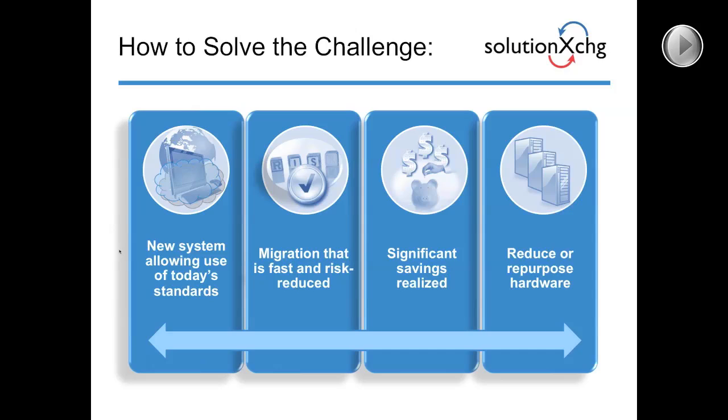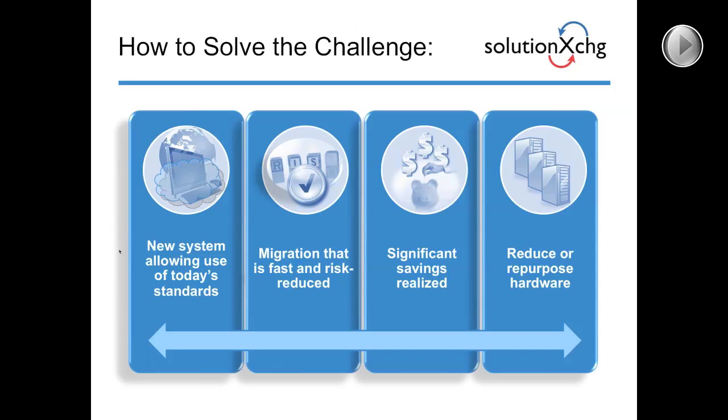The challenges are getting a new system in place that is really up to today's standard, uses the most modern technology, is cloud ready, and has a migration that allows you to transition from what you have today, if you have something today.